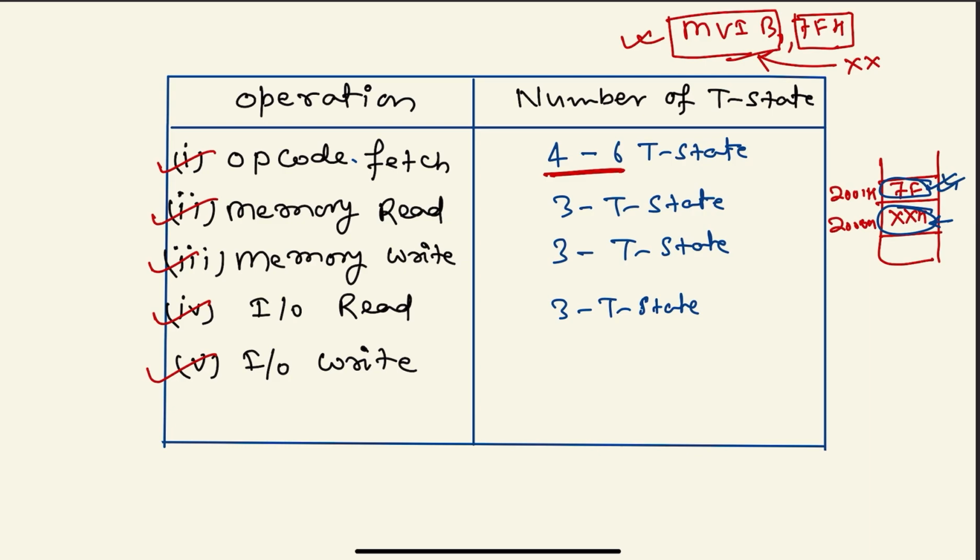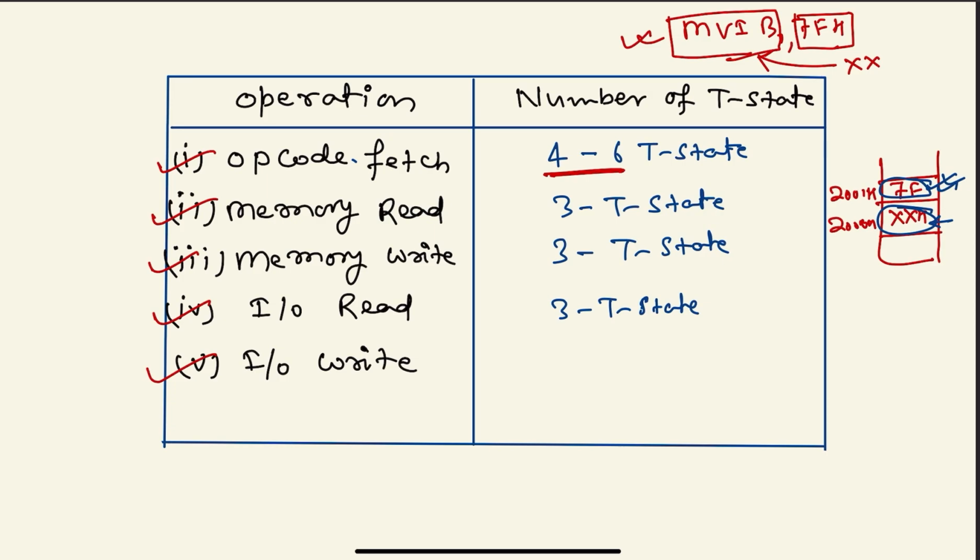For IO read, the microprocessor is just reading the status of the input port. That is the reason it requires only 3 T states. There is no decoding or execution part in this IO read operation, so it takes 3 T states, and its similarity is with memory read.